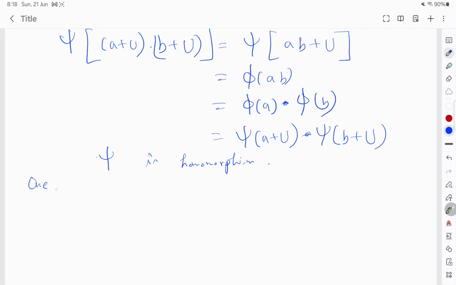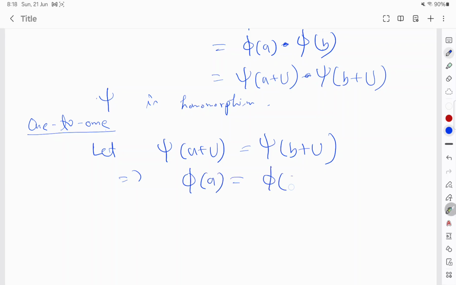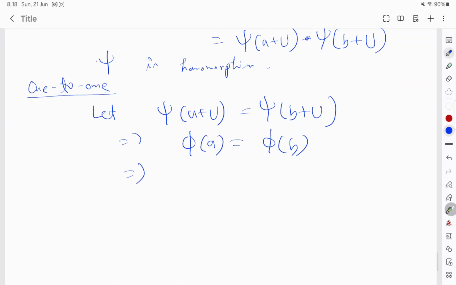Now you have to show one to one. Let psi of a plus u equal psi of b plus u. From there you have to show a plus u equals b plus u. By the definition, phi a equals phi b, so phi of a minus phi of b should be 0 dash.